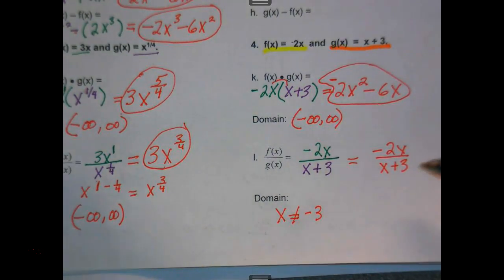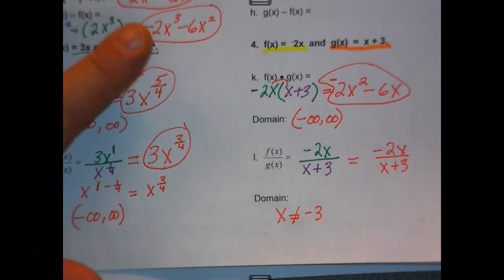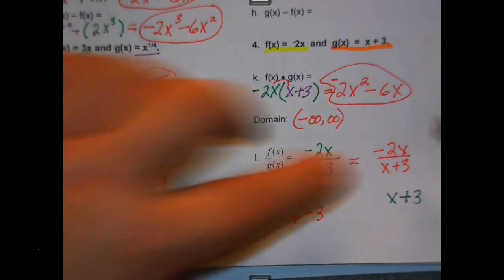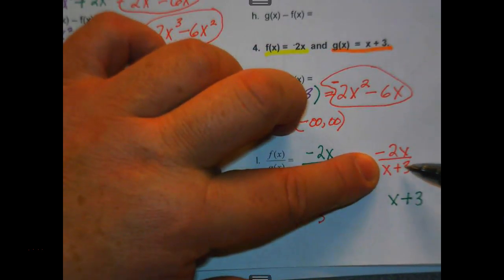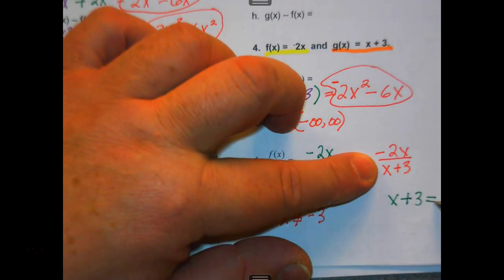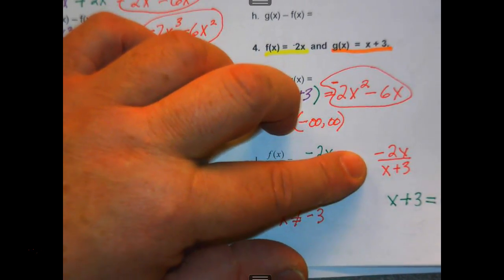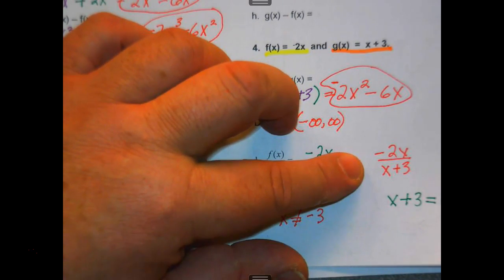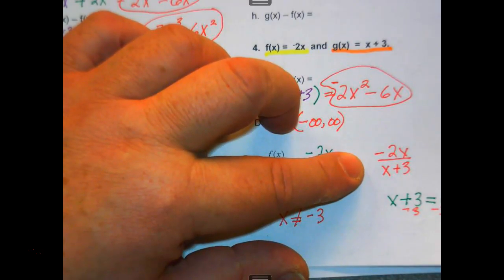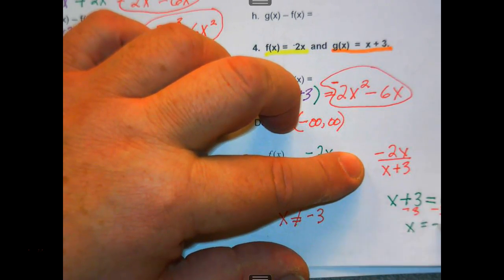Okay. Because if I put x plus 3, again, it's a fraction. So I cannot have 0 in the denominator. So the value of x, if I solve for x, subtract 3 from both sides, I get x equals negative 3.